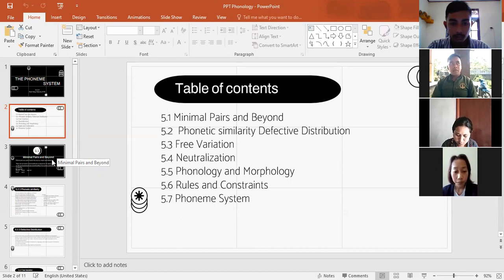Then we go to the first material, which is minimal pairs and beyond.